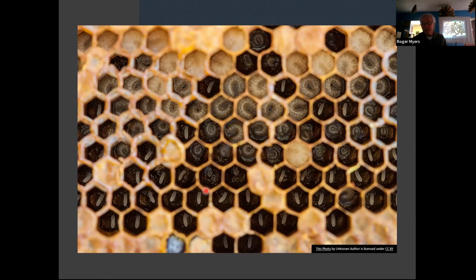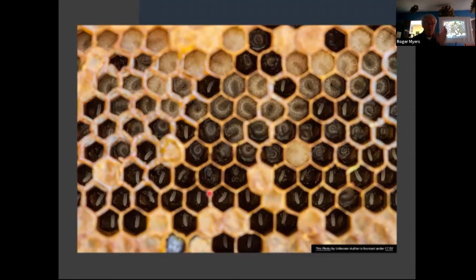To be honest, when that egg hatches into a larvae, that larvae is smaller than the egg. When you hear about people making queens and grafting queens, that is the larvae they're using. It's that little small one that you can't see. The larvae just keep growing, and you can see they get bigger and bigger till they're as big as the cell, ready to be capped over.